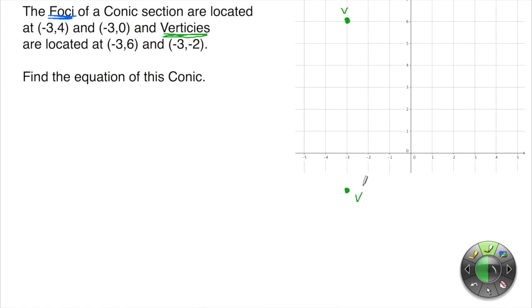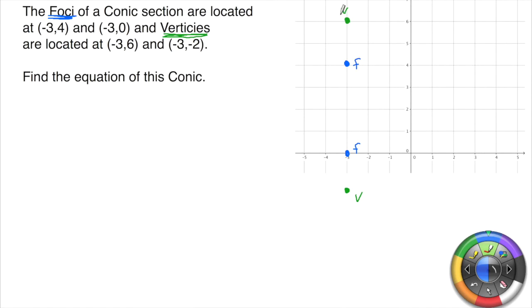That's another vertex. All right, and then the foci, I'll color them in blue, are going to be at (-3, 4), and the other focus is going to be at (-3, 0). All right, so these are the foci.